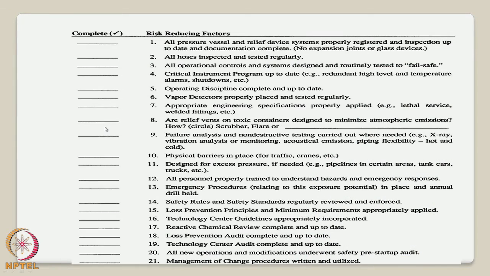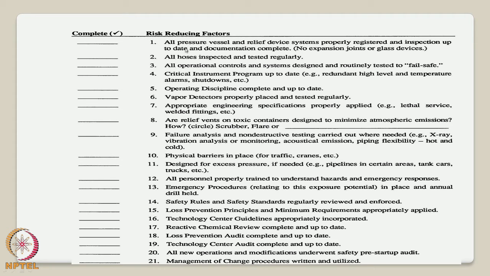Please look at all possible risk reducing factors, like all pressure vessels and relief system devices are properly registered, all hoses inspected, all operational controls and systems designed and routinely tested for no failure, critical instrumentation program is up to date, operating discipline complete and up to date, vapor detectors installed and working properly, appropriate engineering specifications applied properly, relief vents and toxic containers are designed properly, etc.